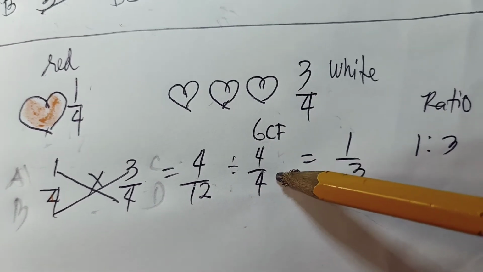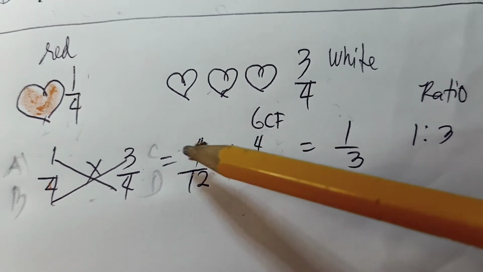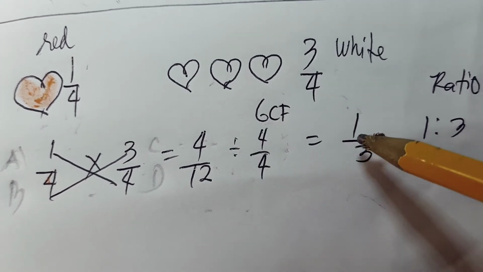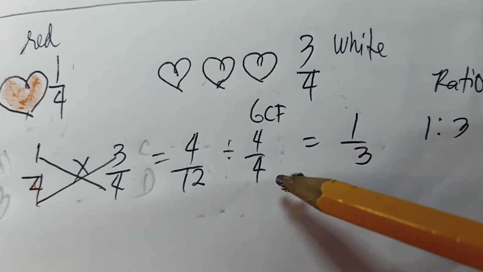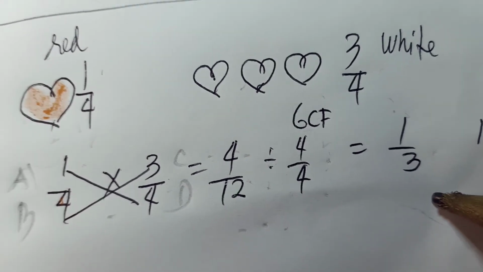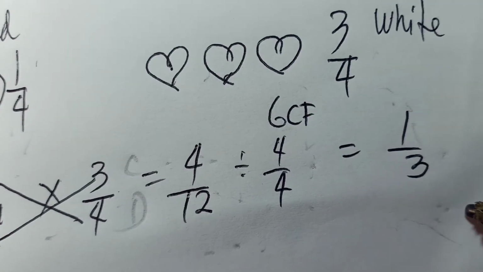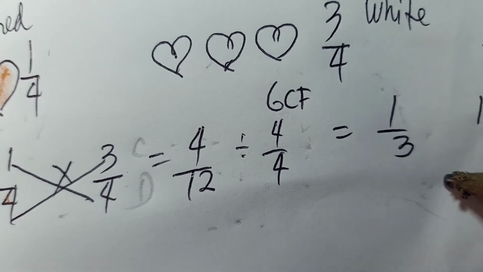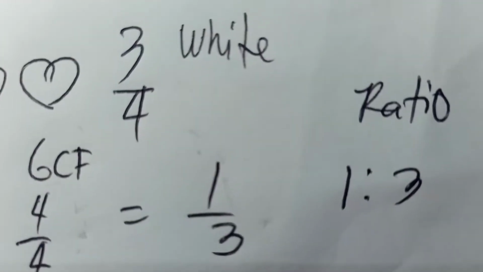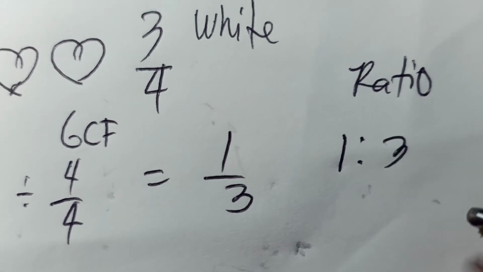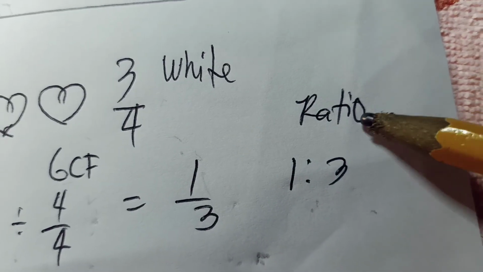So, GCF: think of the greatest number that can divide the numerator and denominator. 4 divided by 4 is 1, 12 divided by 4 is 3. We have the fraction 1/3. Can we change 1/3 to ratio? Yes. So it is 1 is to 3: the numerator, the colon, and the denominator. This is the ratio.